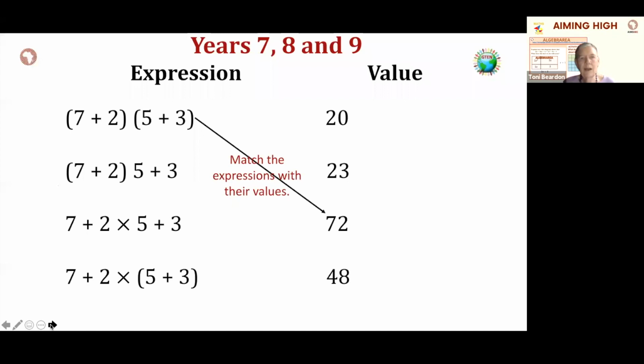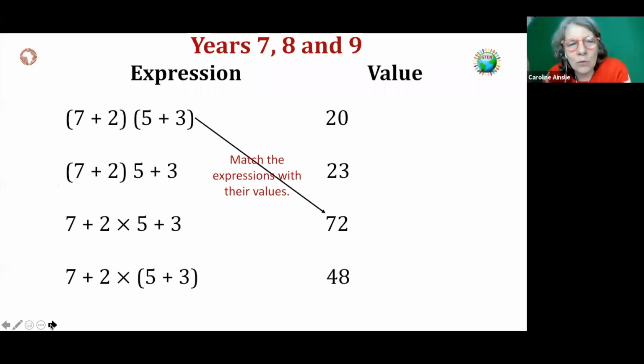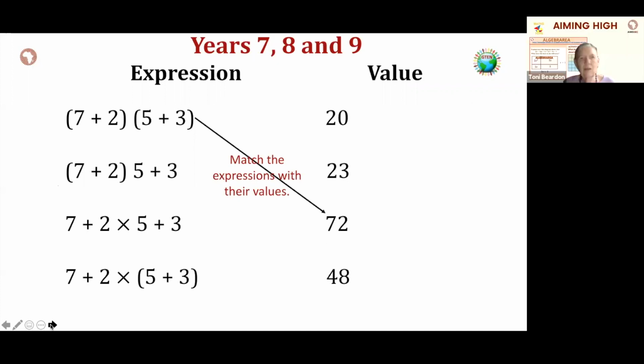So we put 1 arrow in now. 7 plus 2 is 9, 5 plus 3 is 8, 9 8s are 72. You can use your showboards to see everyone's result at the same time, so you don't have people calling out. So they can match the expression with the value and realize that by putting in the brackets there, they do change the calculation, but it should be second nature to do these calculations.